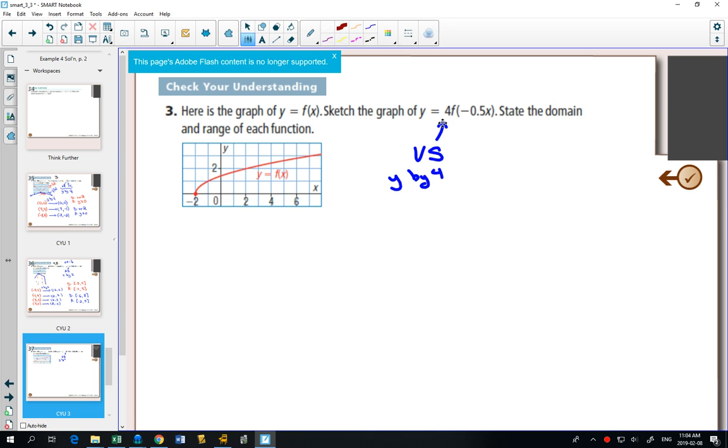The next two things are inside your function, so I'm going to label them in a different color. The negative will make your x value negative. Now, if you think about what that means, if an x value becomes negative, it will flip over the y-axis. We will call that anything inside horizontal, a horizontal reflection.